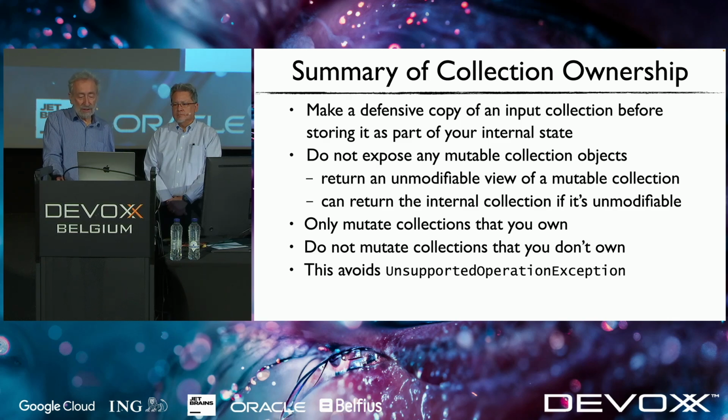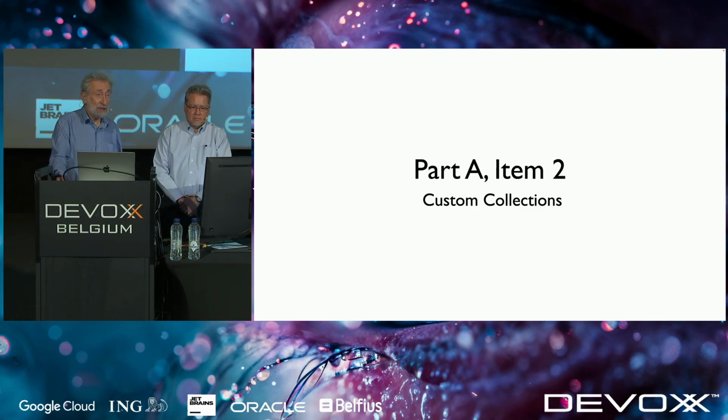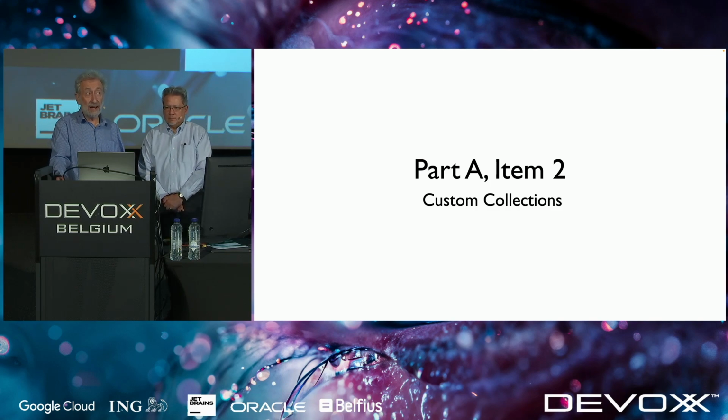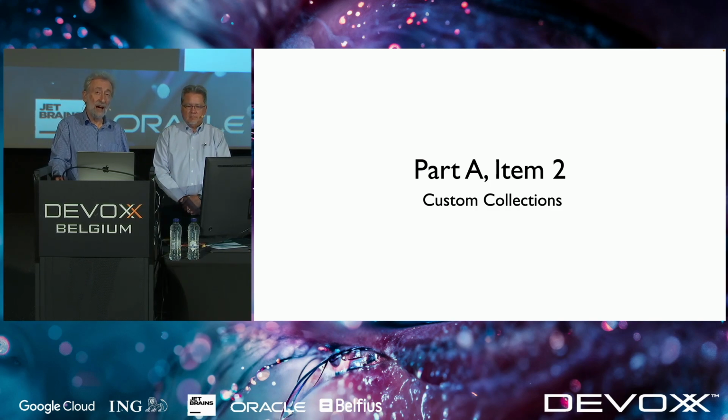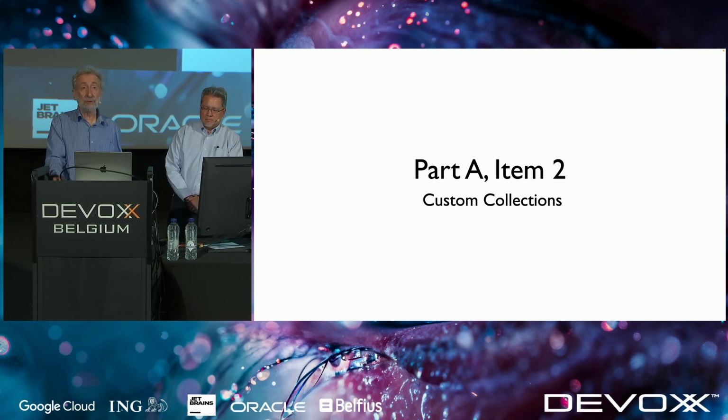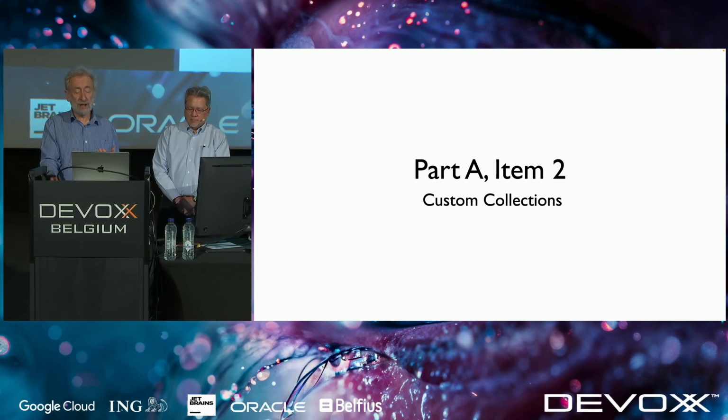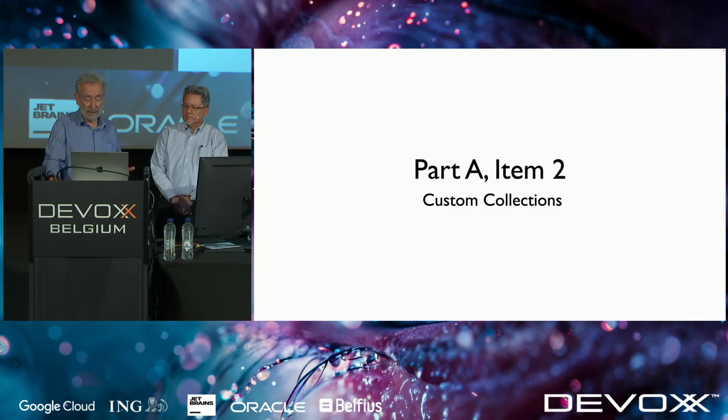Okay, our second item is about custom collections. This is actually a standard thing in object orientation, but it's particularly important for the collections framework, because the collections framework really thinks about what it means to extend the functionality of quite complex classes.